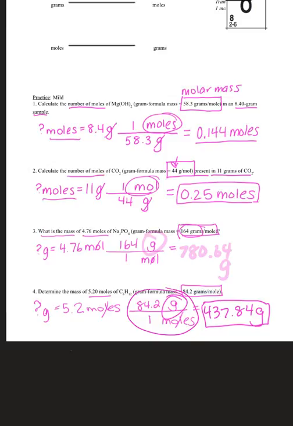This would be much different if we wrote it this way. If we put 84.2 moles for 1 gram, it's important that we know exactly how these conversion factors are working. So this would be wrong, okay?